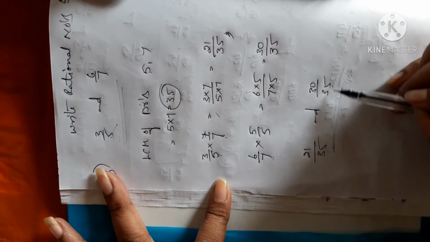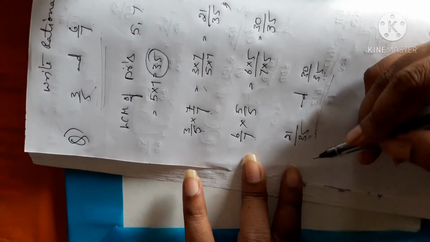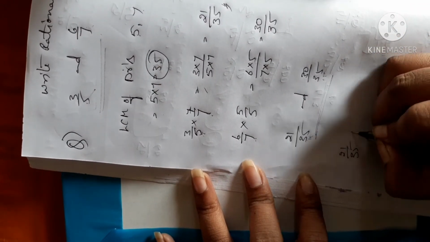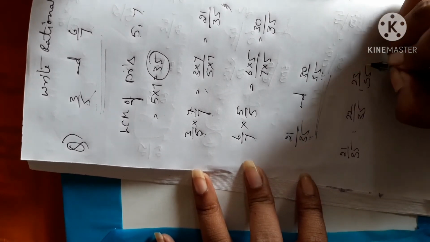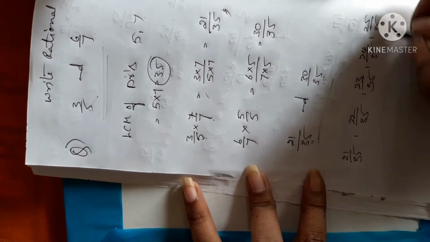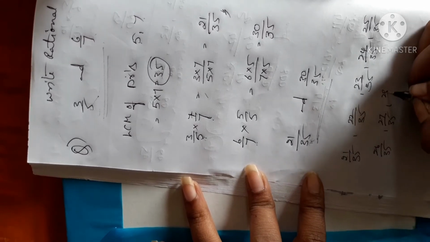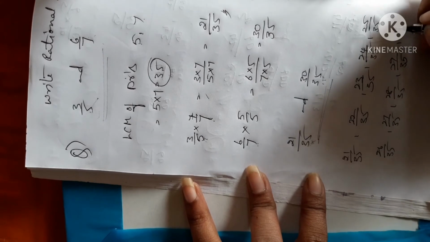Now both denominators are the same. Now you can write down the rational numbers in between: 21 by 35, 22 by 35, 23 by 35, 24 by 35, 25 by 35, 26 by 35, 27 by 35, 28 by 35, 29 by 35, 30 by 35.